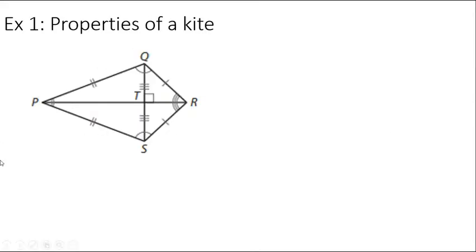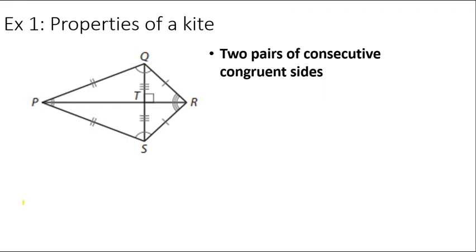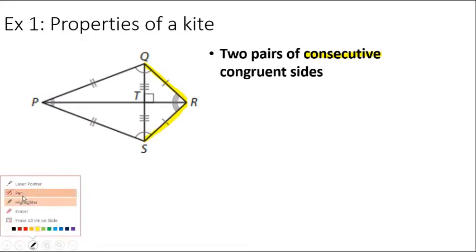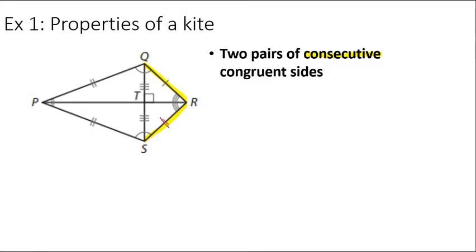In example 1, we're going to go over some properties of kites. So first property here, it has two pairs of consecutive congruent sides. Okay, consecutive means they're side by side, so these two sides here are congruent, mainly because it has this mark right there.